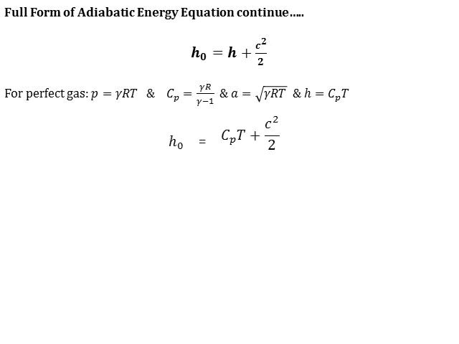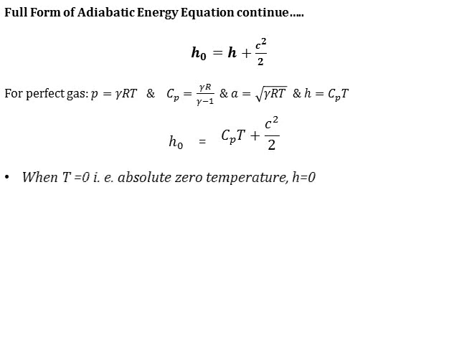To obtain the next form, we express the adiabatic energy equation of the first form in the following manner. That is, we replace the static enthalpy with the product of specific heat and absolute temperature.